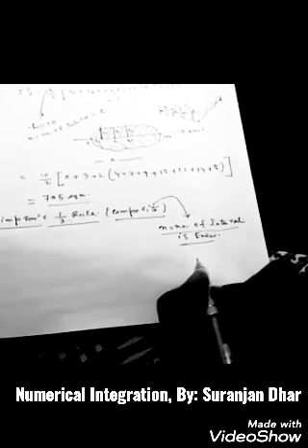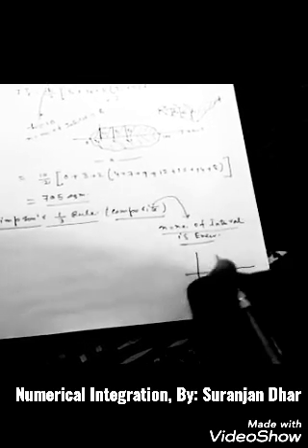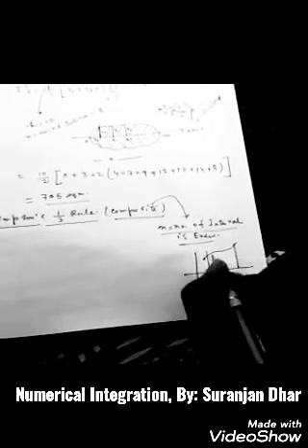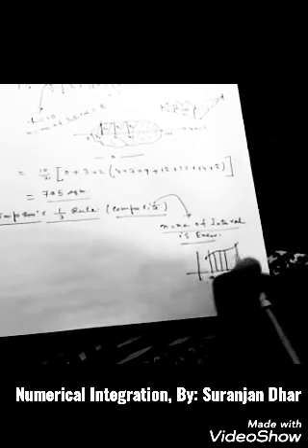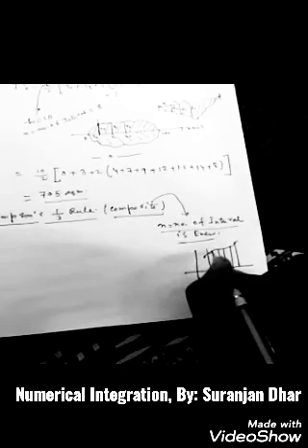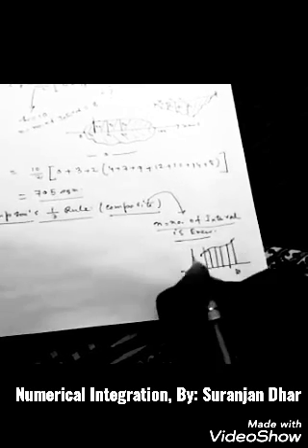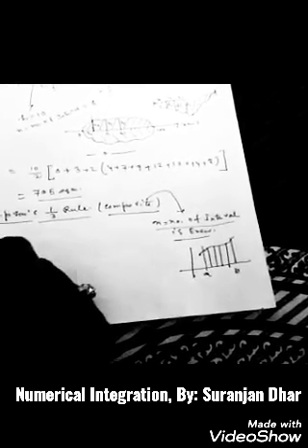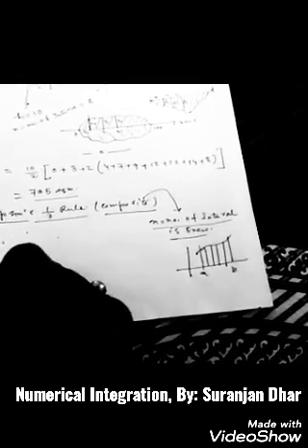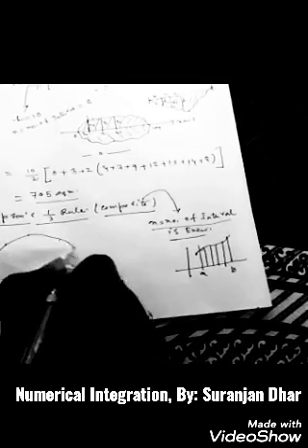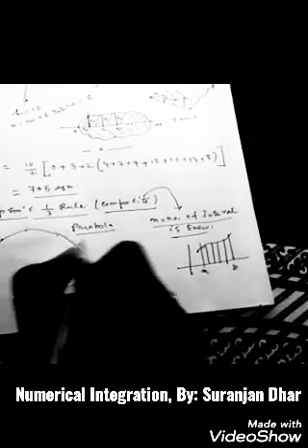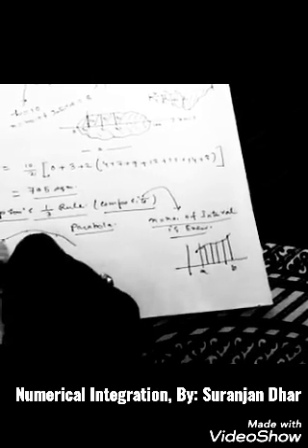Why do we need Simpson's 1/3 rule? Previously, you know, we have the function, the lower limit and the upper limit, and we divide it into slices. In the trapezoidal rule we join the upper top points by straight lines, but in Simpson's one-third rule they are joined by a parabola. To draw any parabola we require 3 points.